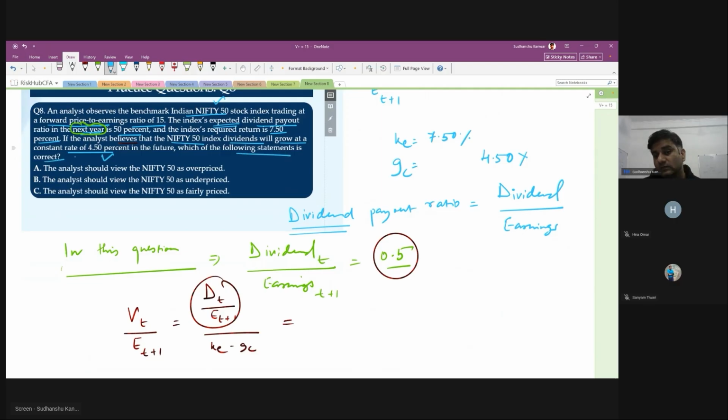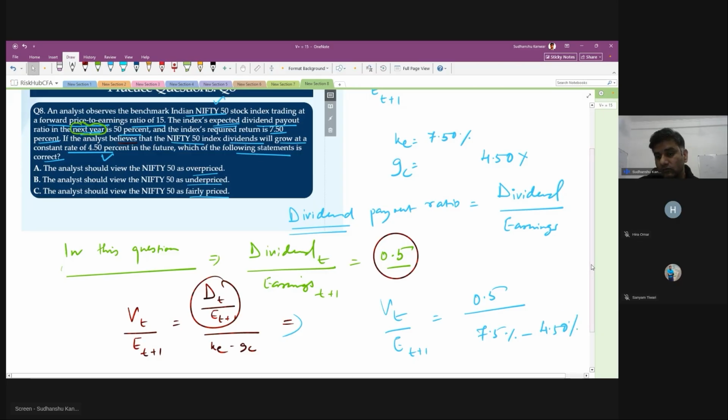Okay, let's see. Now it is saying the analyst should view the Nifty as overpriced, underpriced, or fairly priced. I'll answer that question also. Again, V0 by E1 is equal to 0.5 divided by Ke minus g. Ke is 7.5%, g is 4.5%.